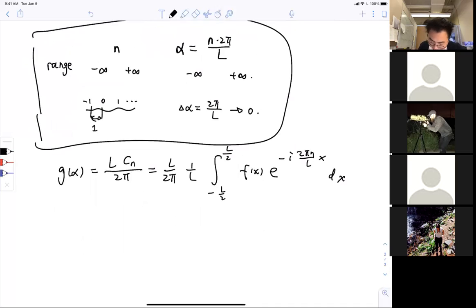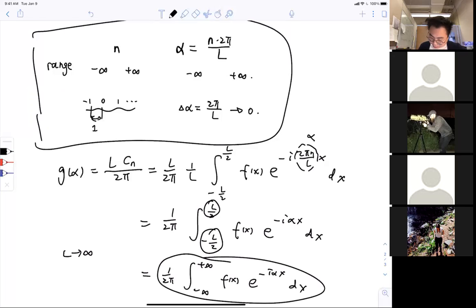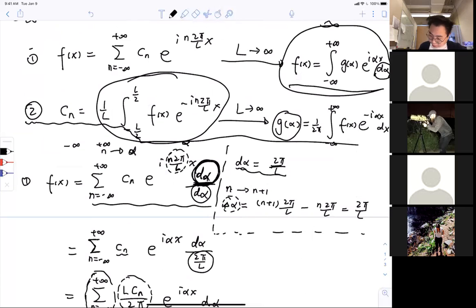You can say the L cancels out, and it becomes 1 over 2 pi, the integral from minus L to L. And remember, this n 2 pi over L is what we call alpha. When L goes to infinity, the lower limit becomes minus infinity and the upper limit becomes plus infinity. So this is nothing but what we wrote down here.